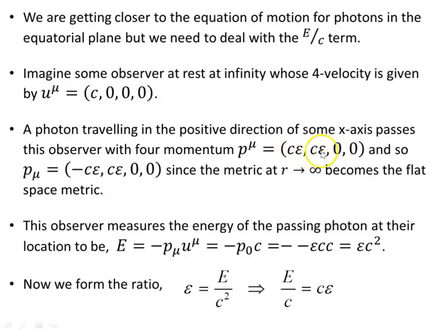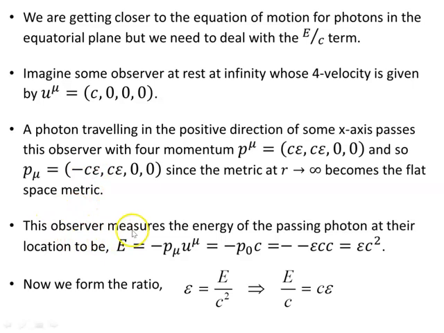This epsilon turns out to be the energy parameter: c epsilon, 0, 0, because it's moving down the x-axis. And the covariant form of this will be using the flat space metric, since as r approaches infinity, the flat space metric becomes applicable. So lowering that just puts a minus sign here.